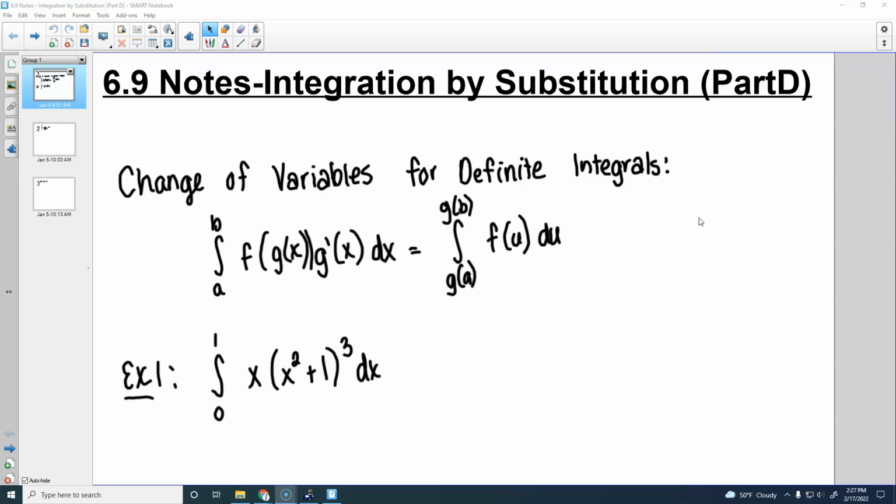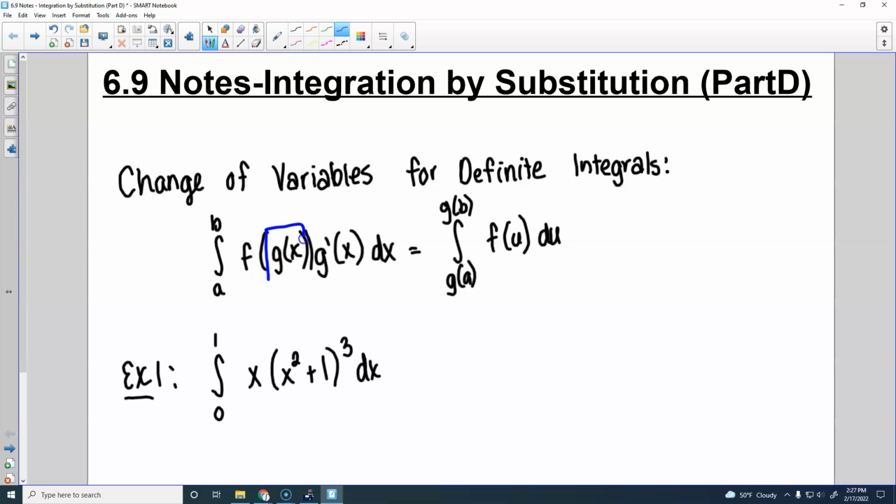So, looking at this formula here, in this formula, your g of x is your inside function. You can think of that as your u. And then the g prime of x dx, that part is your du.